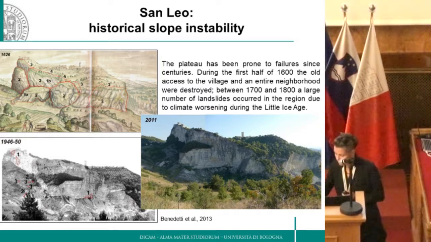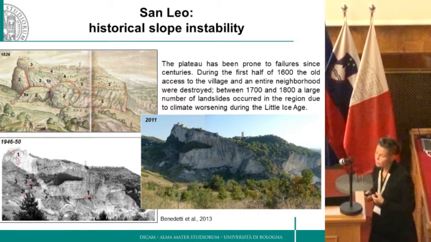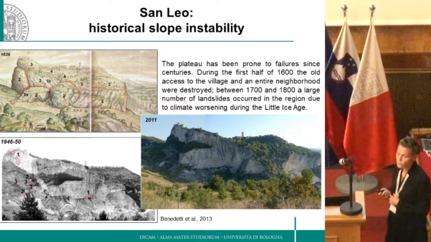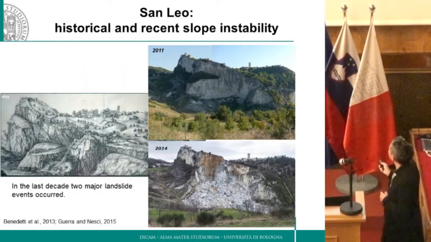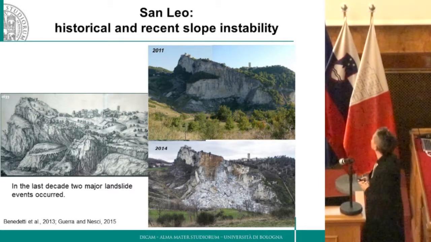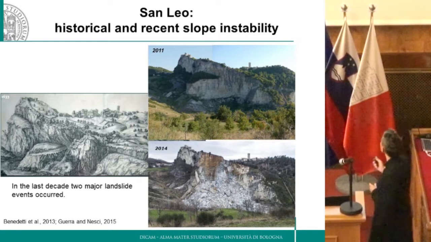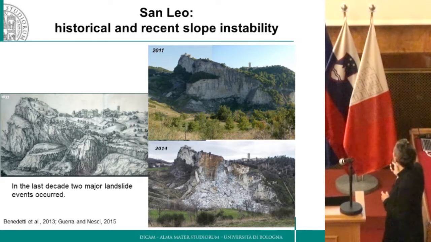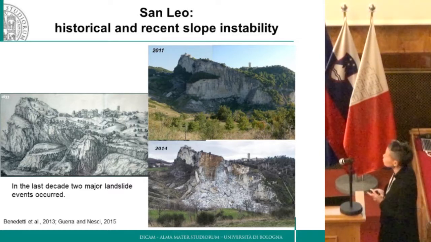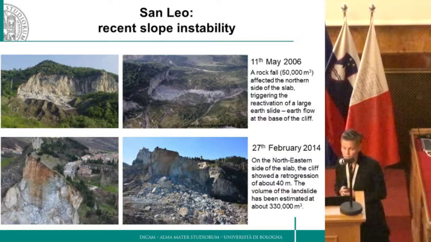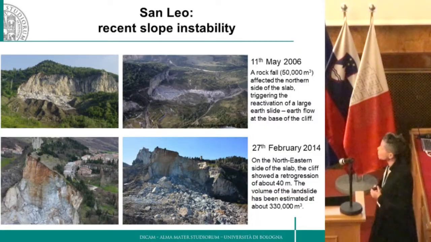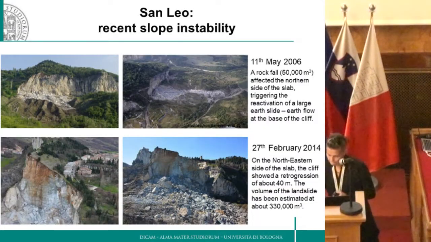But apart from historical landsliding, there were also very recent events. So this is again a painting from the 15th century. This is a picture of 2011, and this is a picture of 2014. So in the last 2 decades, 2 major landslide events affected the San Leo rock slab.